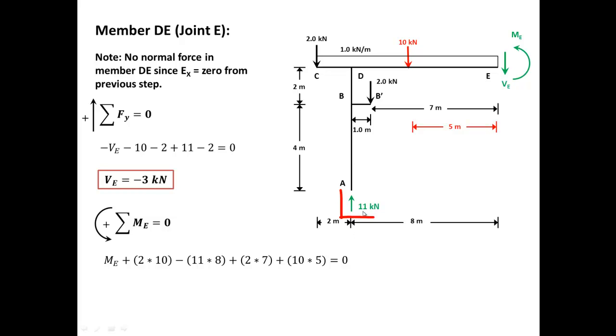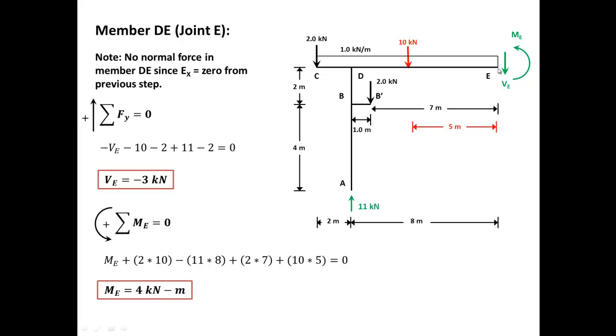Now we'll do the 11 times 8, and it's negative because the rotation is clockwise, plus 2 times 7. The rotation is counterclockwise, so it's positive, plus 10 times 5. That's the 10, and that's the 5, and it's positive as well. Now I can solve for ME to be 4 kilonewtons.